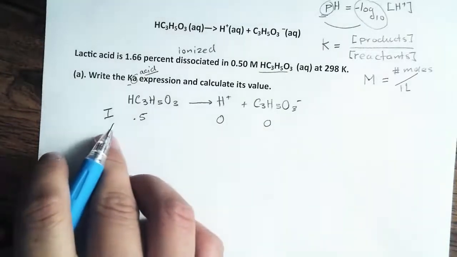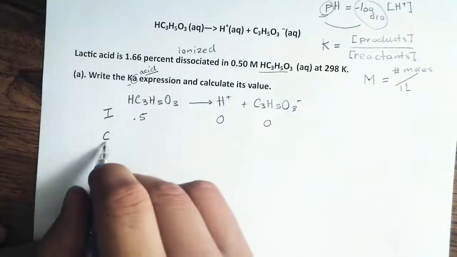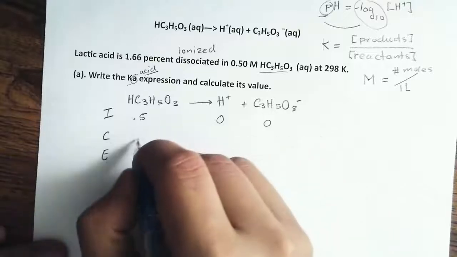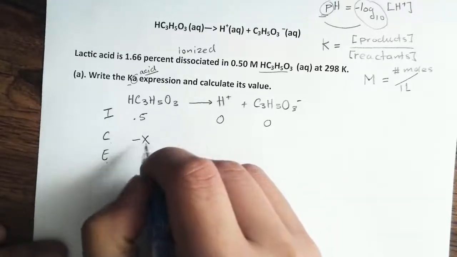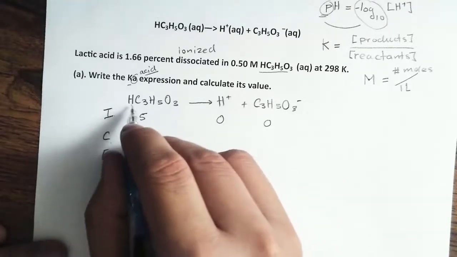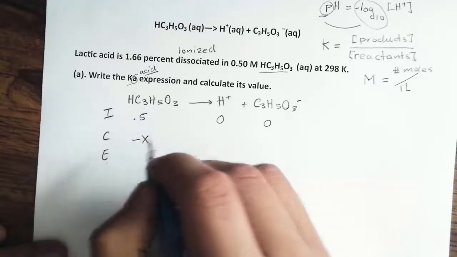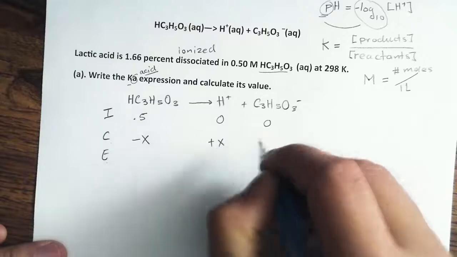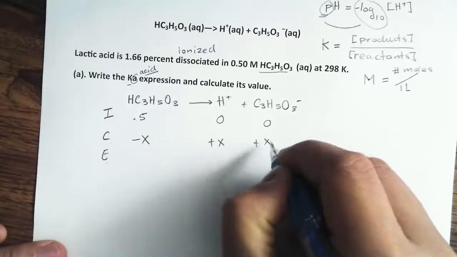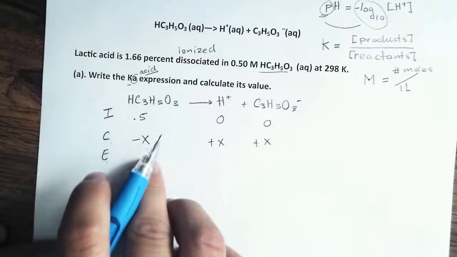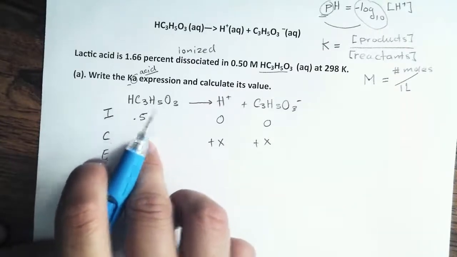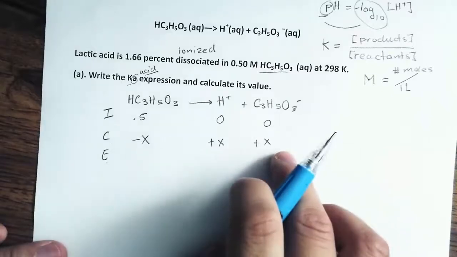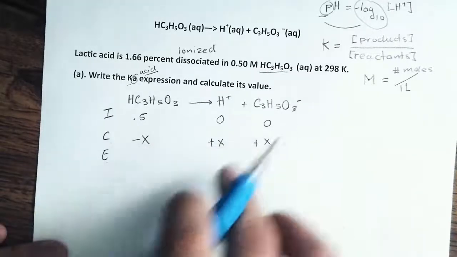Now let's look at the change. This is expressed in terms of X relative to the coefficient. So we would have minus X. It is minus because the reactant is being used to make the product. In this case the products would be plus X and plus X. So some of the reactant, in terms of X, is being used up to make some of the product in terms of X. These are represented by the coefficients.